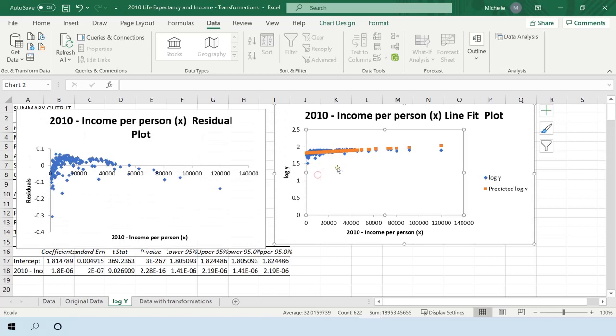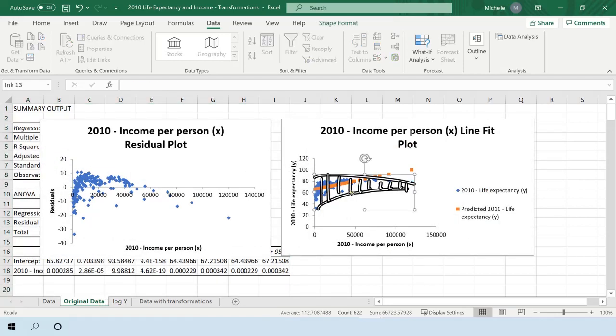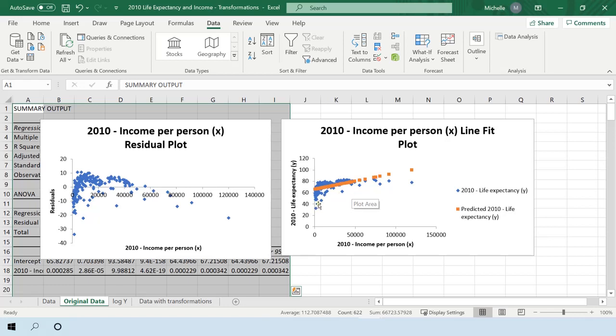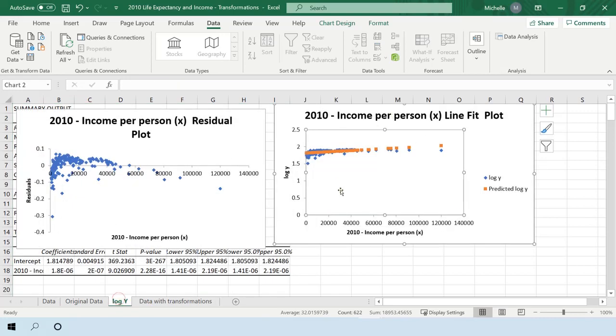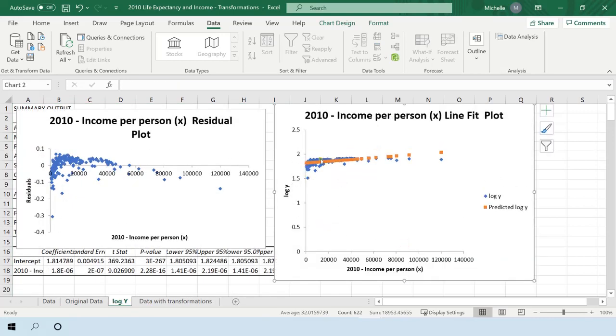Did it help? Now this is the plot of log y versus x. On the original data, you see how there was much more variability in that curvature. Now that it's transformed, you're seeing that go away a little bit.